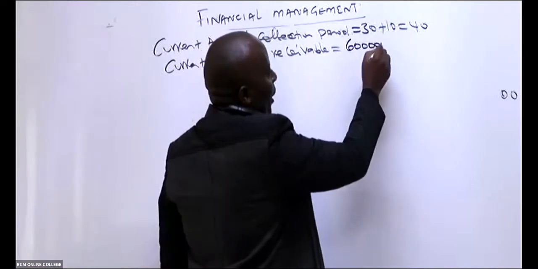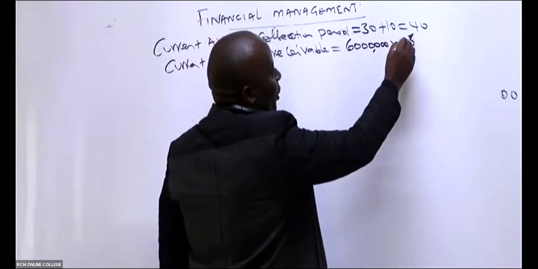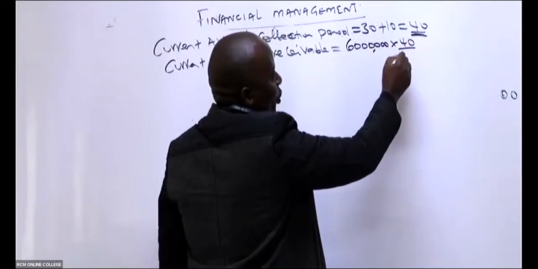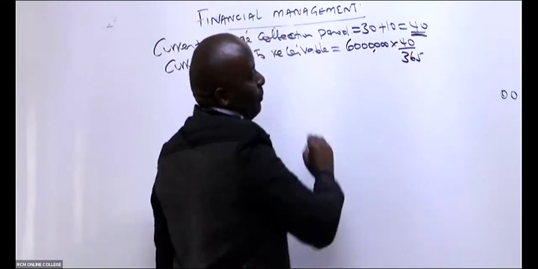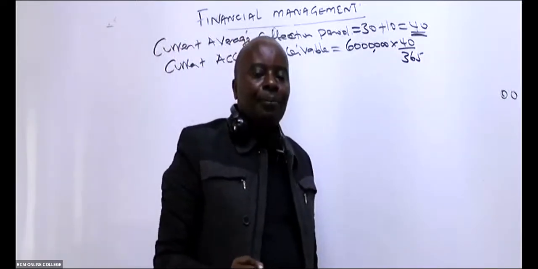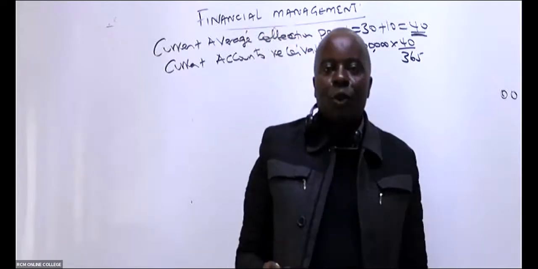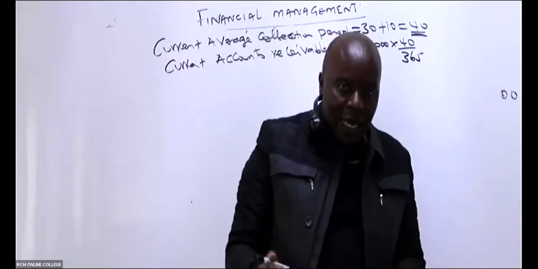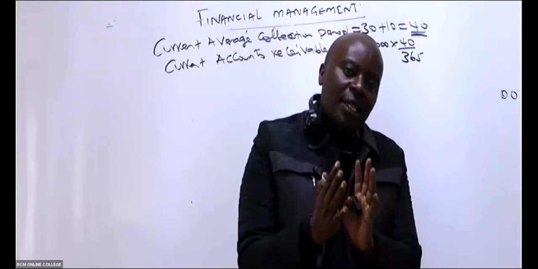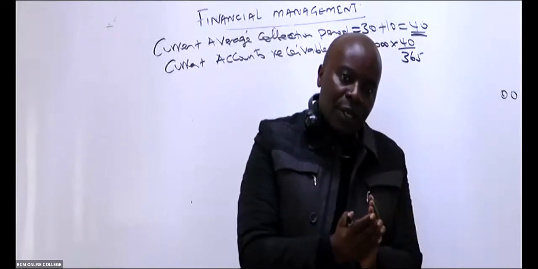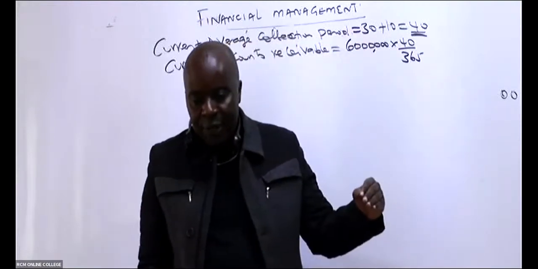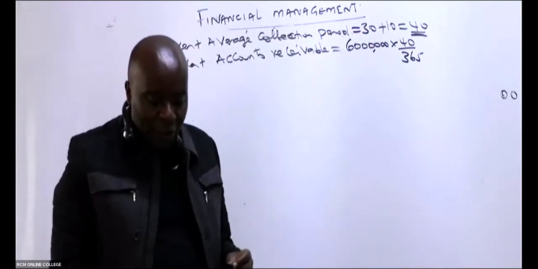So this 6 million is what I apportion using the credit collection period out of 365. So you're selling 6 million in a year, but at the end of the year, we expect to be having 40 days of these sales as receivable. So 40 over 365. So this gives me what figure, ladies and gentlemen?